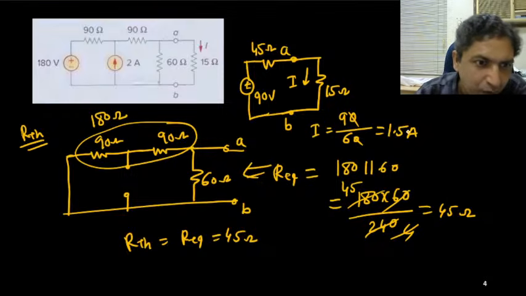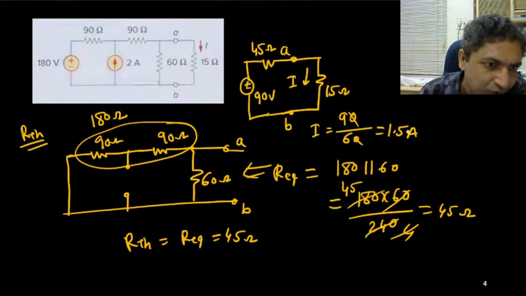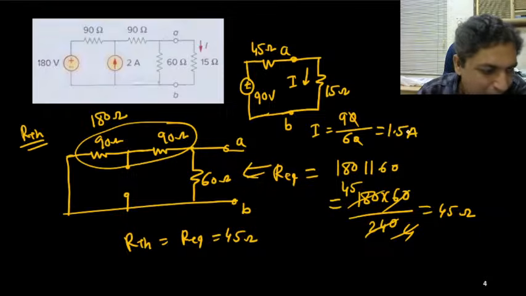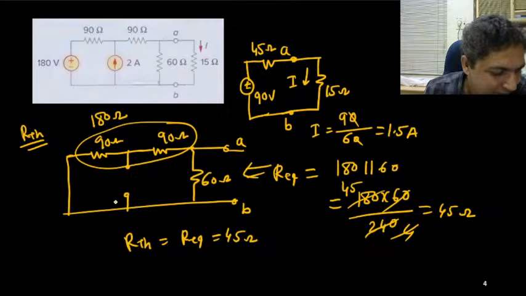Now we will consider one complicated one, which will contain some dependent sources. So do you have any question? I hope you are following me. Okay.